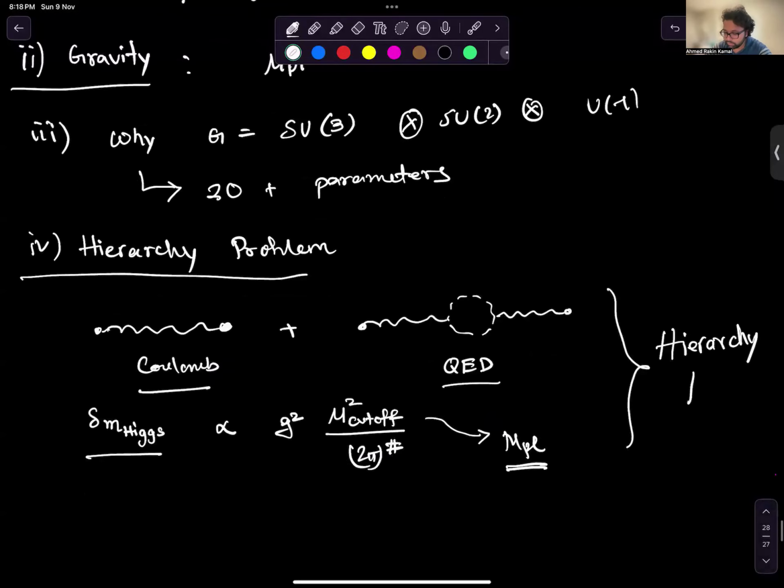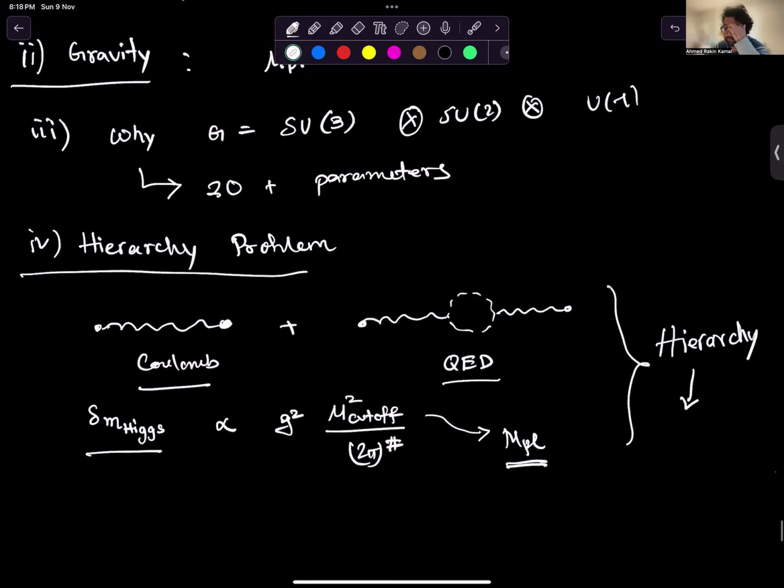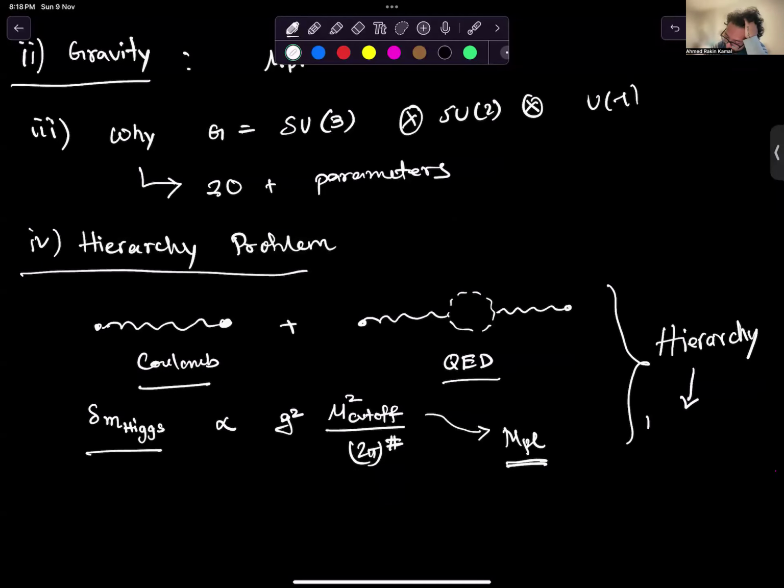A easier version of it is: why is the electroweak scale much, much less than the scale of gravity, or M Planck? Or why is gravity the weakest force? So this is a non-technical version of the same problem, the hierarchy problem.